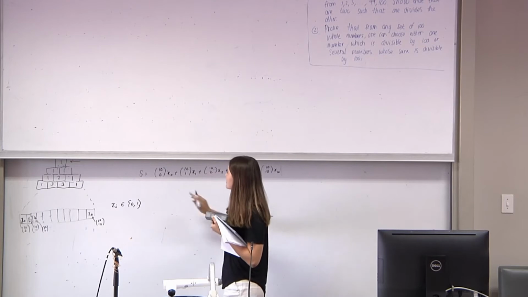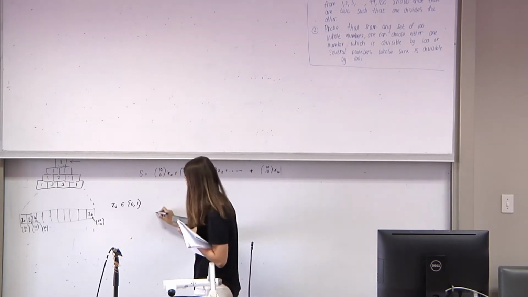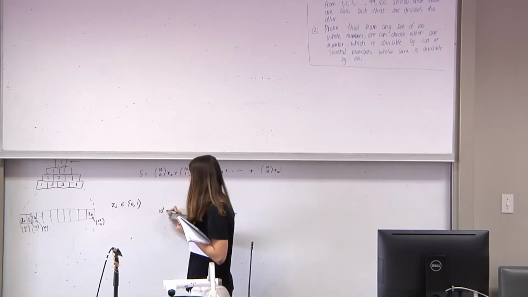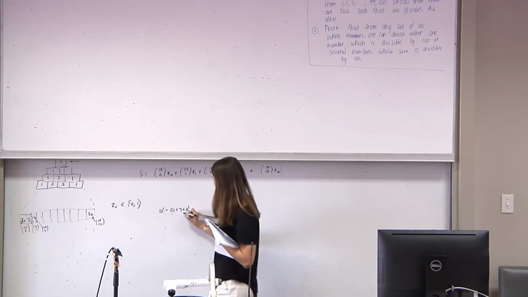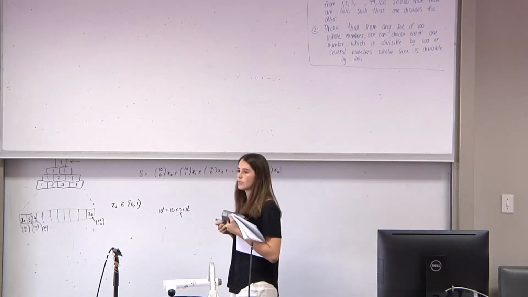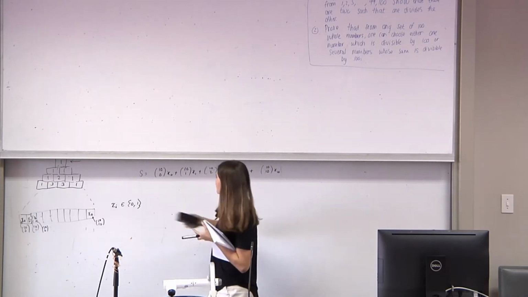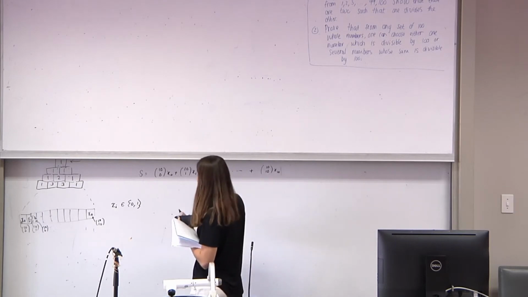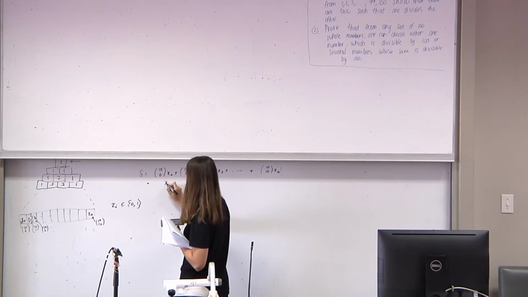It helps to notice, because we remember what our choose function is, that 10 factorial is 10 times 9 times 8 factorial. So there are very clearly two multiples of 3 in 10 factorial. If we have 10 choose 0, that's just 1, so it's fine. We can just rewrite that as x0.